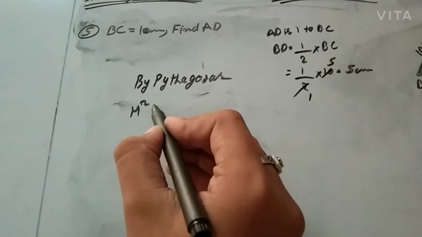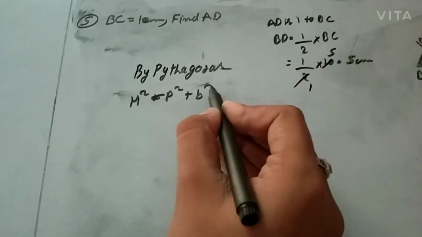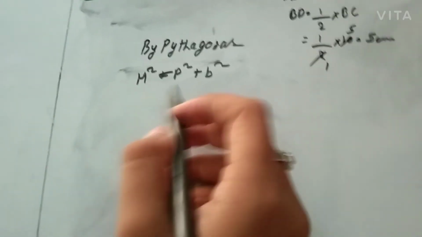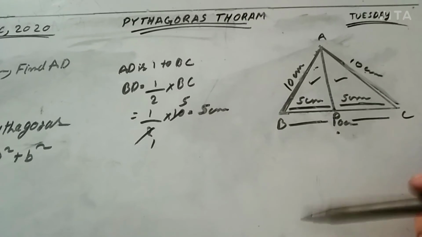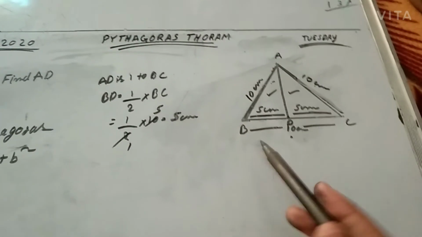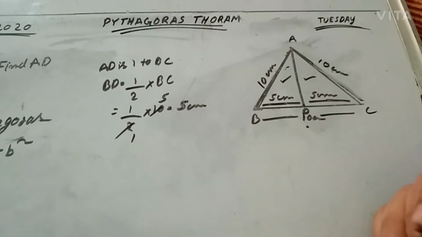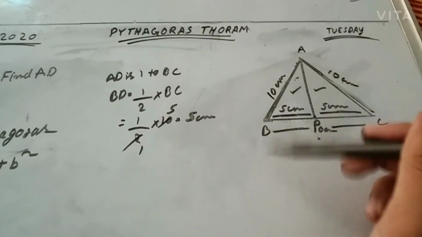H square equals to p square plus b square. So according to the formula, let us take this side. Okay, like AD, BD and DA. Oh sorry, AB, AD, BD and AB.